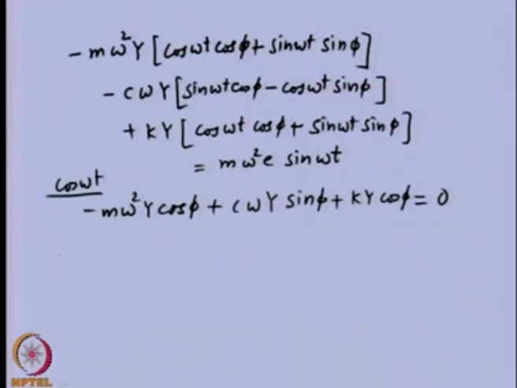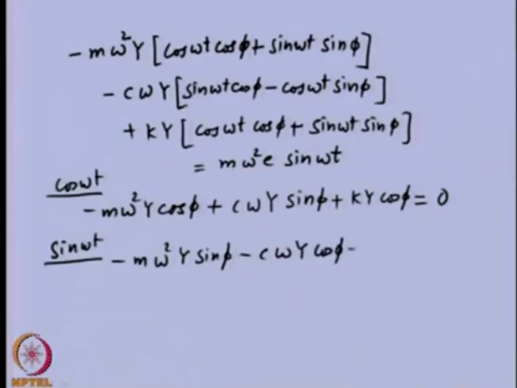Then sin omega t term: this is from inertia, then from damping, then from stiffness, and here in the right hand side we have unbalanced force, so we will be having this term.